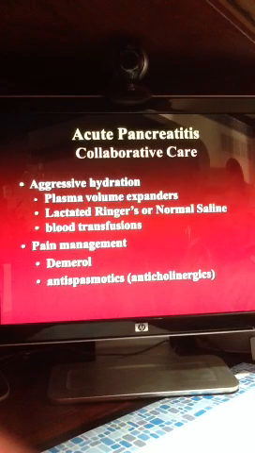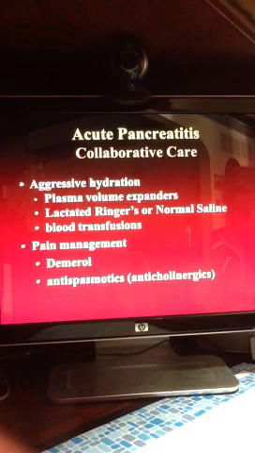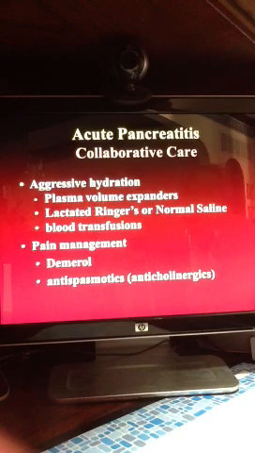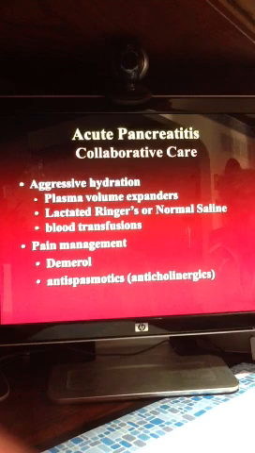If needed, we'll use plasma volume expanders. You want IV fluid replacement with appropriate electrolytes. You need adequate fluids to maintain a circulating blood volume and urine output. Whatever it takes to maintain a urine output of greater than 30 mils an hour, provided the patient doesn't already have renal failure. Pain management.